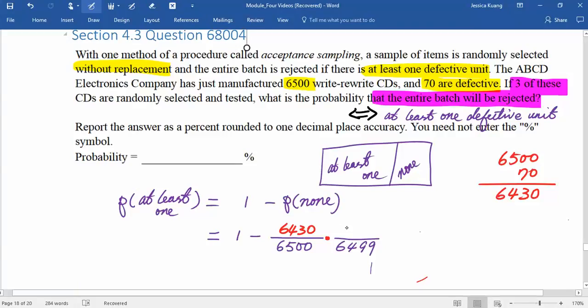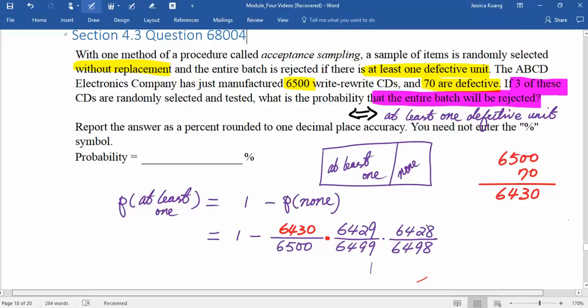We already chose a non-defective one, so we end up with 6,429 choices. That will be the second CD. If the last CD is also not defective, the probability of getting that one is 6,428 out of 6,498.